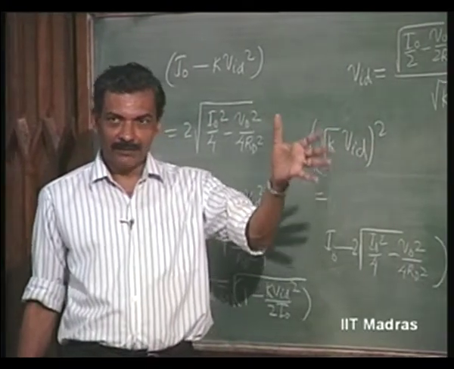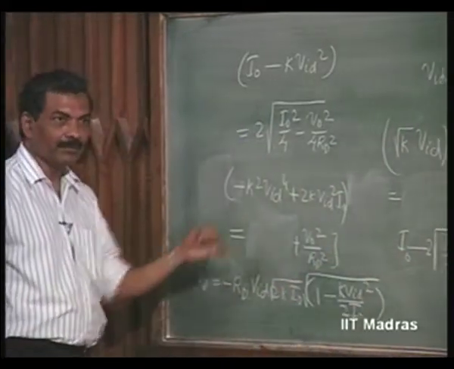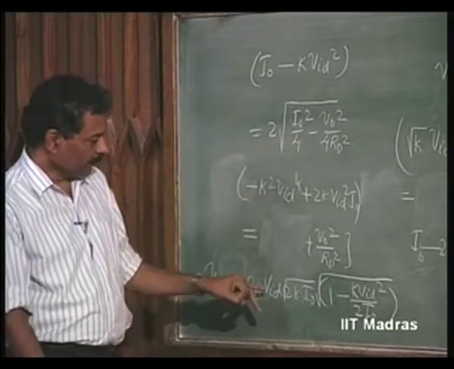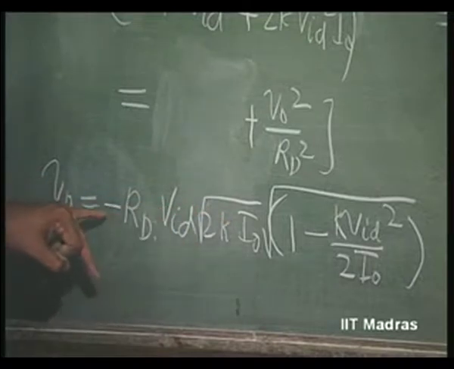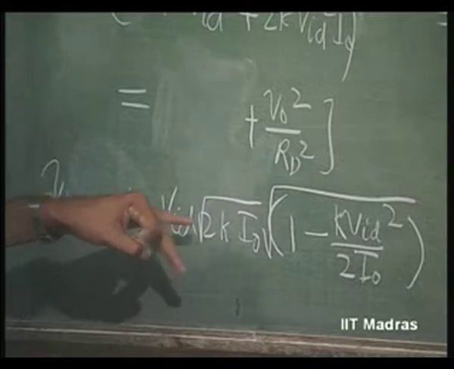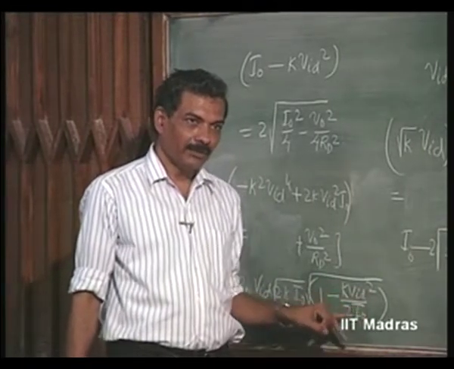So, the operating current of the FET will be I naught by 2, and from which we can obtain the GM of the FET from its characteristic, right. So, you will see that this is nothing but GM minus GM into RD into VID, which is the small signal gain. Apart from that, we have a non-linearity coming into picture.